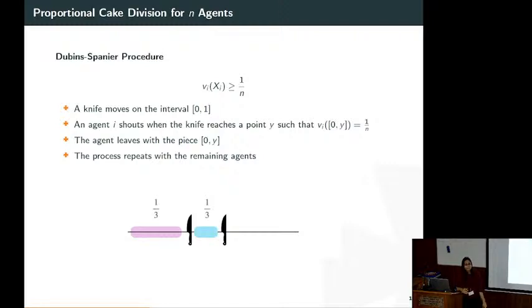You don't allocate the cake. Nobody gets the cake. I'm envy free. Because I always look at the person and envy. I don't look at the remaining cake, and I don't envy the cake. I envy the person. So some other person who has 1/n of its utility, but more than 1/n of my utility, that agent will envy me. Right? So this suggests that for n agents, proportionality does not imply envy freeness.